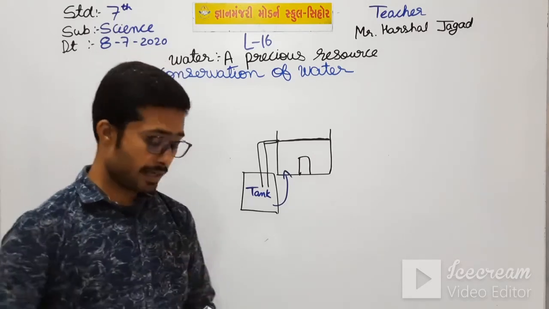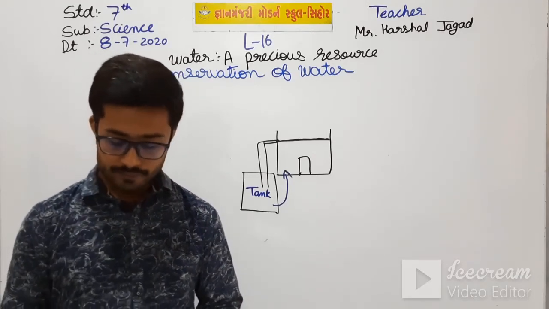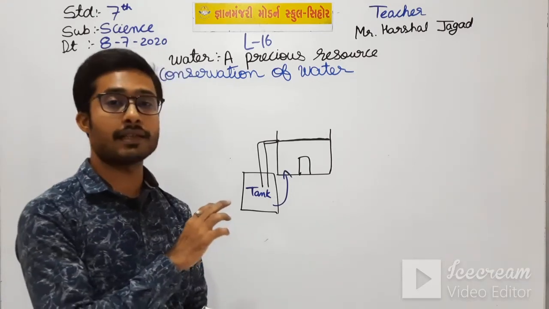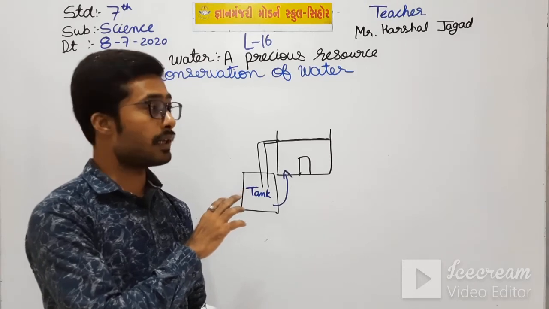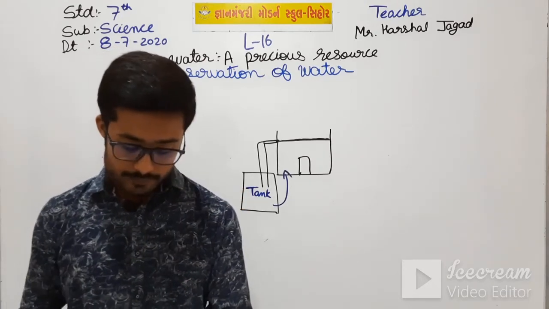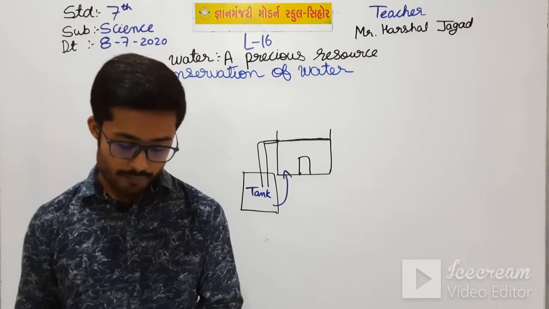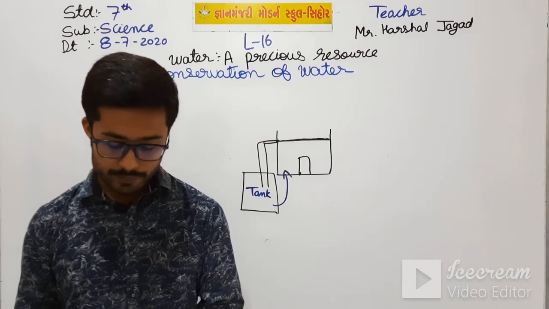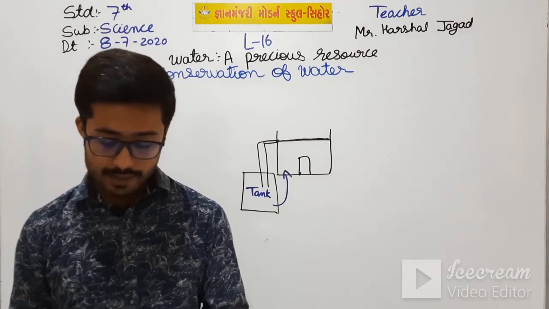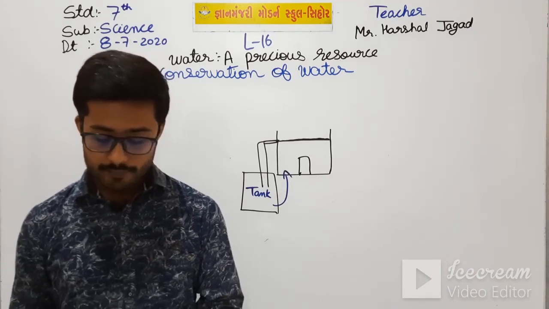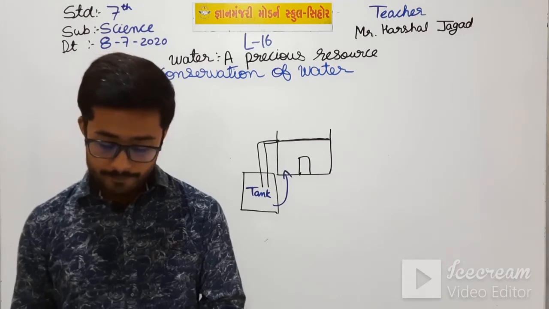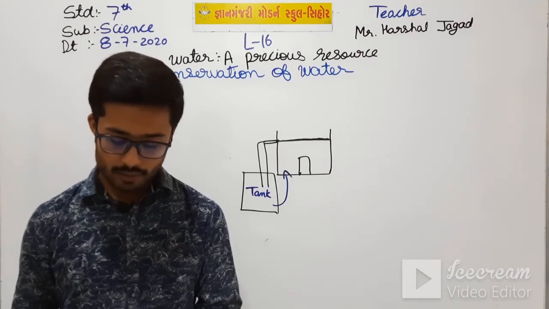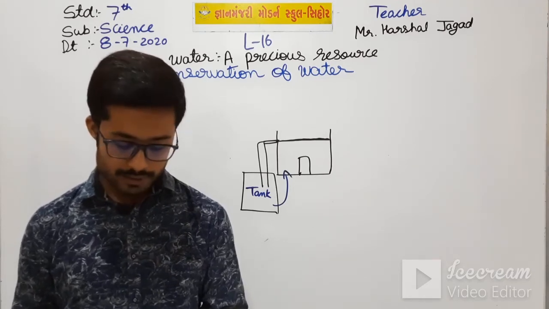I have told you this technique, and there is a figure also on page number 197. I have not drawn the perfect figure, I just drew it so that you can understand. Water can also be saved in our home by preventing wastage of water. Promptly fixing leaks and dripping taps, using a bucket instead of a shower, and turning off the tap while brushing teeth and washing hands go a long way in saving domestic water.